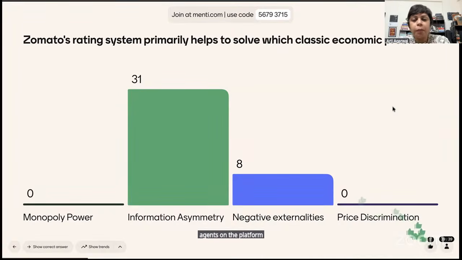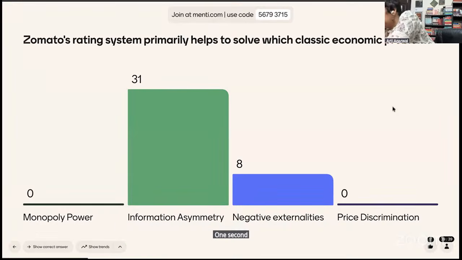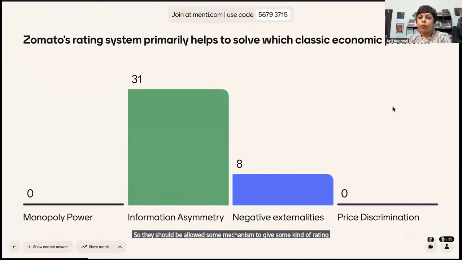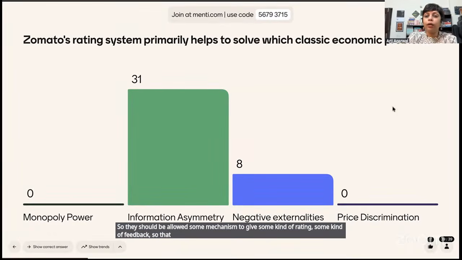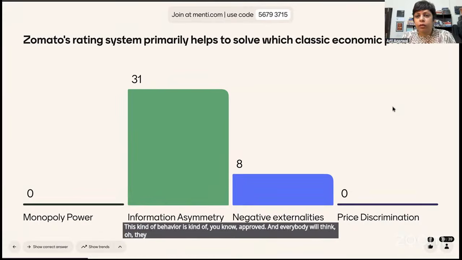They should be allowed some mechanism to give feedback or rating, so that the lemons are not dominating the market, at least, right? Because if this kind of behavior is approved, then everybody will think, oh, they can join Zomato and start delivering.